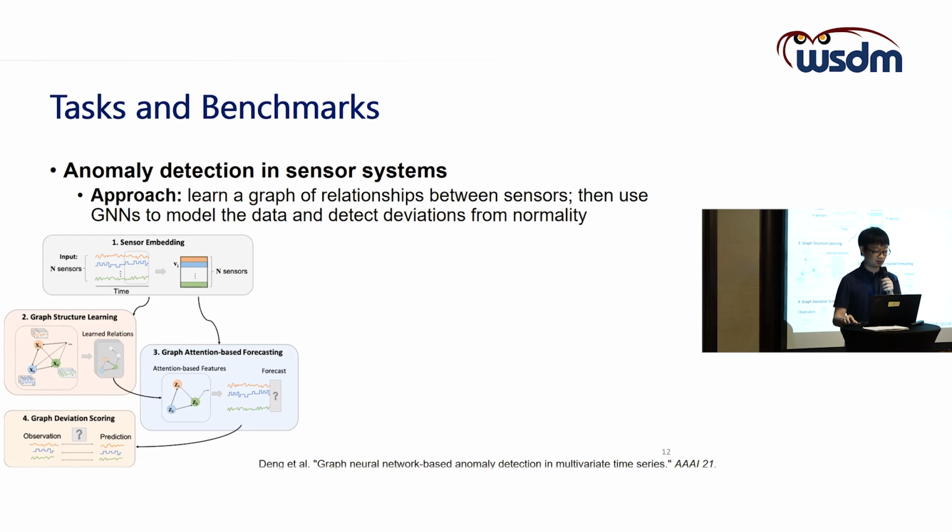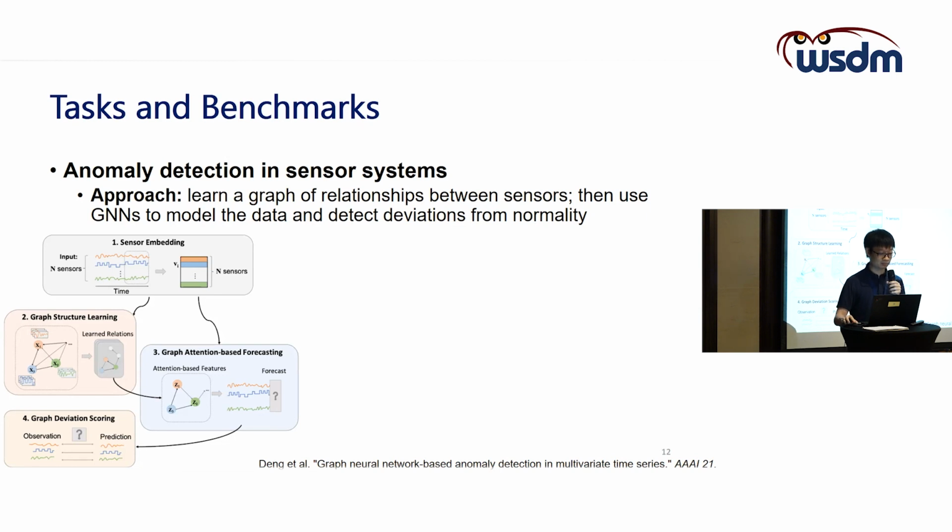And then after learning this graph, we use a graph neural network approach, which is actually a graph attention-based forecasting module. I won't go into the details, but the high-level picture is that it takes in the past history of the sensors, and then it tries to predict what will happen in the future based on the graph structure.